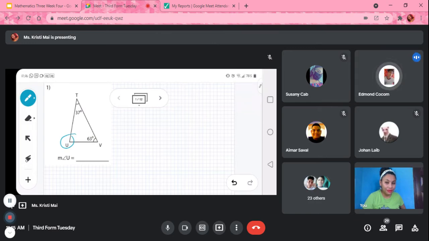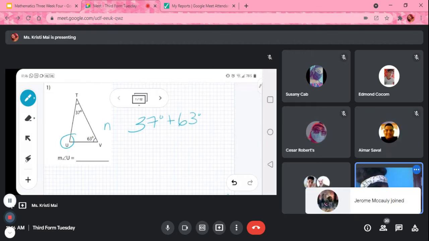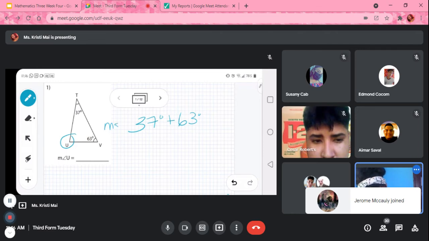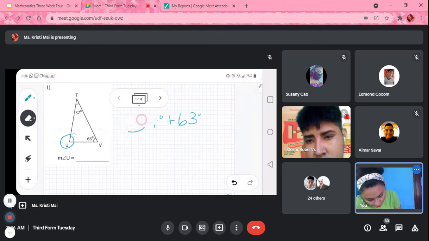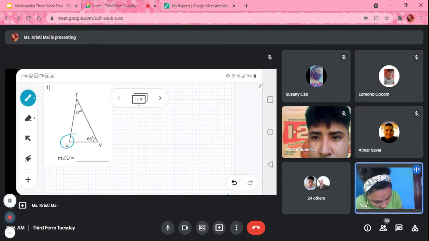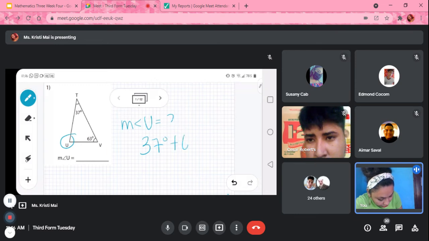37 degrees plus 63 degrees. Very good. That would be the first step. Okay, let me redo that and show you guys how to do the working. I'm looking for the magnitude of angle U. The first step is that I'm going to take the 37 degrees and add it to 63 degrees.